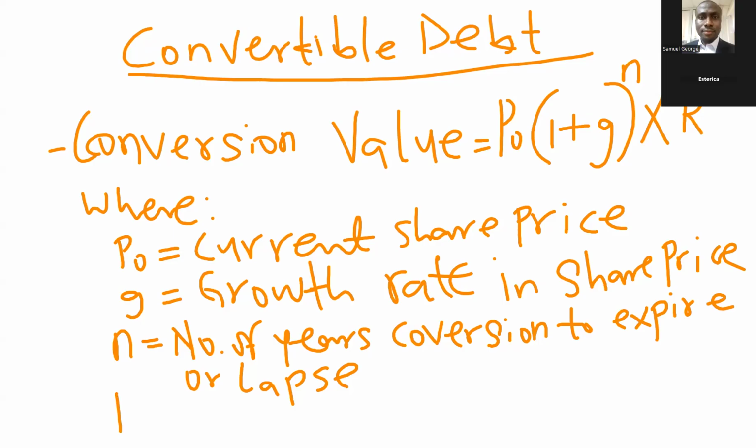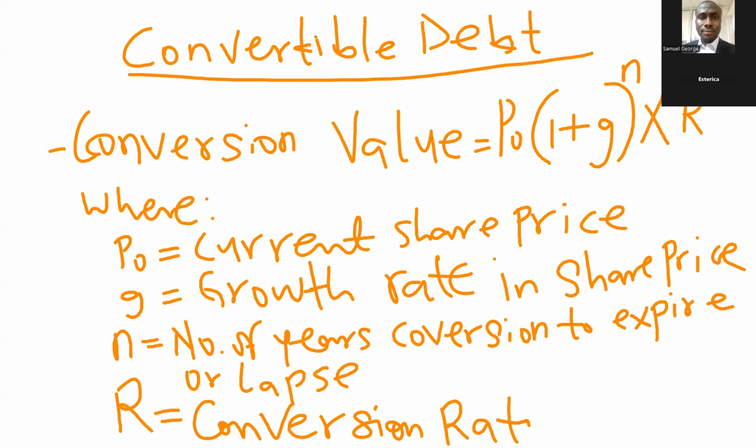The big R represents the conversion ratio. What it means is, for every 1,000 bond, how many shares are you going to get?